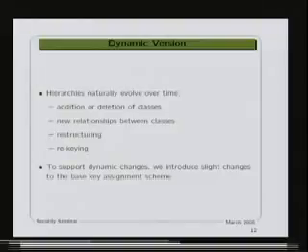The previous scheme is not going to support this very well, but if we introduce small changes to the basic scheme, then we'll be able to support all of the required changes.